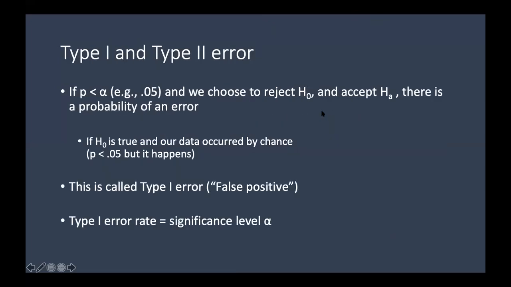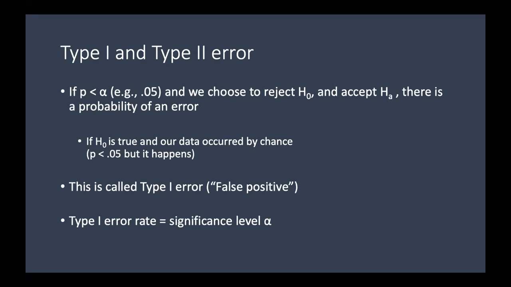We never really talked about these two types of errors, but now that we have learned alpha and beta, it's not too difficult to understand them. If the probability is less than alpha and we choose to reject the null hypothesis and accept the alternative hypothesis, then there is a probability that our result is actually due to chance.